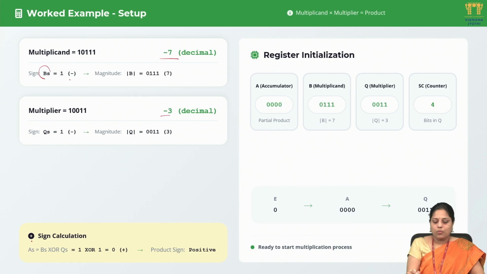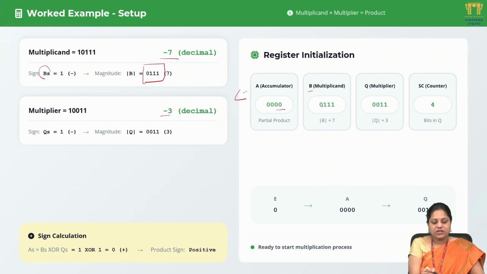After this, I am going to initialize all the registers as step 1. A is used to store the partial product, so initially it will be all zeros. Next, B is the multiplicand, which is my -7, but in B I am going to write only the value of 7, because the minus is represented using a flip-flop. So here I write only the binary value of 7, that is 0111.